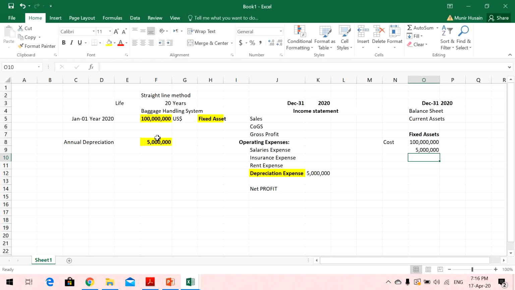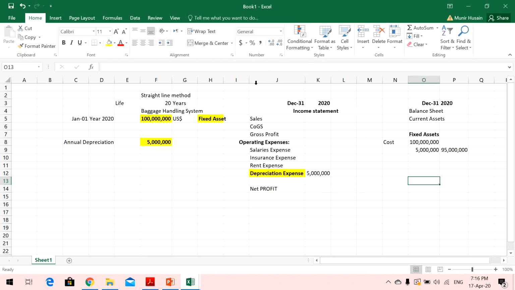Basically the value of our asset after 1 year is cost minus total depreciation so far, which in this case is 100 million minus 5 million, which is 95 million. So now you understand the linkage.